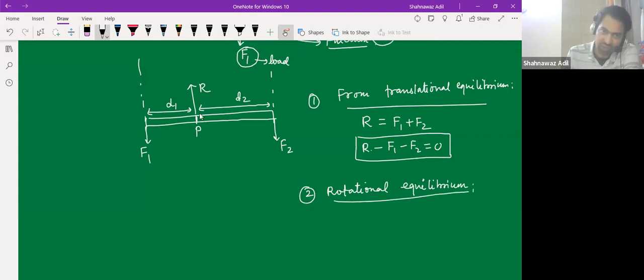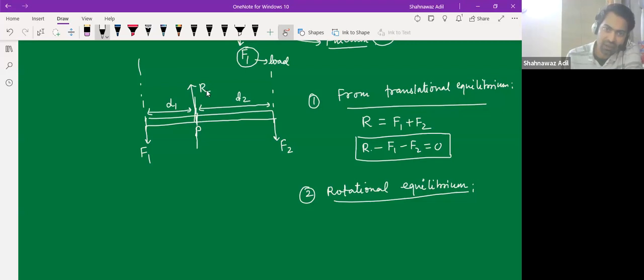And the axis of rotation is this point, the fulcrum, right? So from here we are rotating this lever. How many torques do we have? This is the force F1, and this is the force F2.